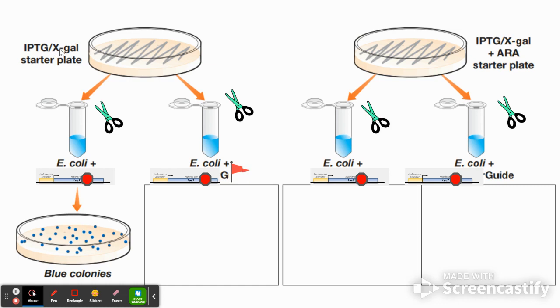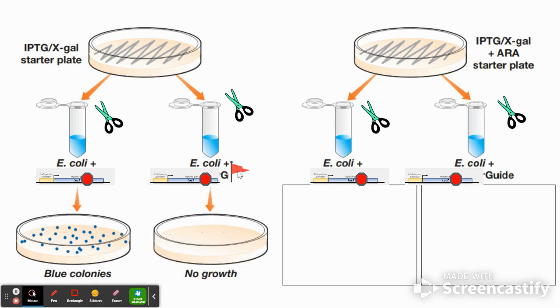Notice on our plates, I think these were labeled IX. They only had the X-gal sugar. They did not have that arabinose glue to help us repair the DNA. So we would be able to cut it at the proper sequence, but we would not be able to repair it and glue it all back together. So what we expect is that this E. coli with all of its chopped DNA is not even going to grow on plate B.